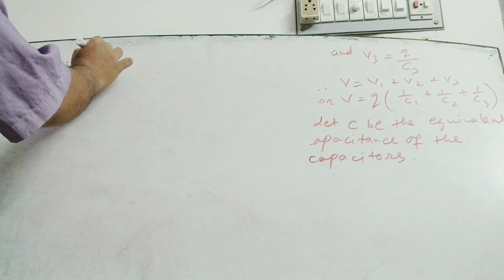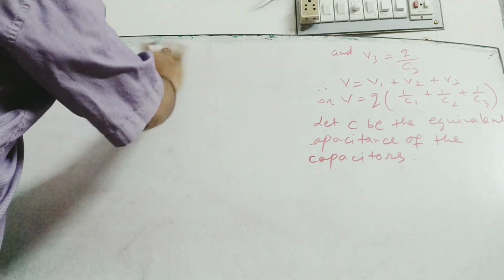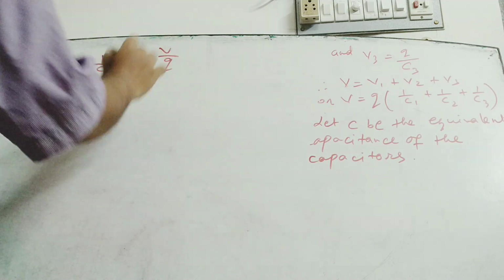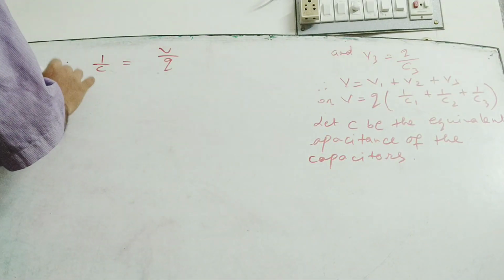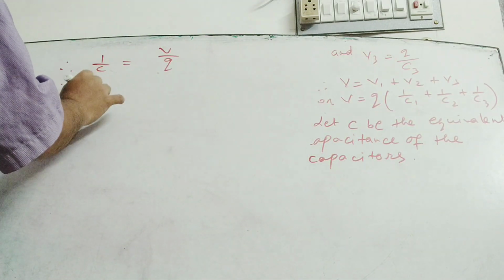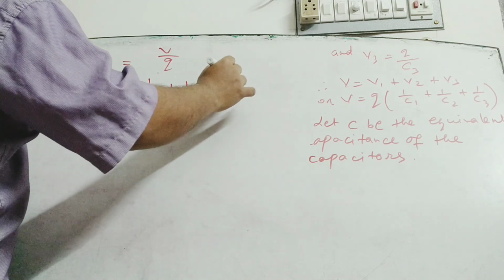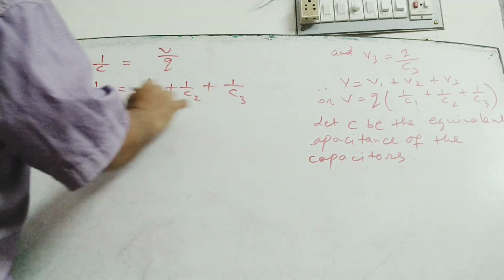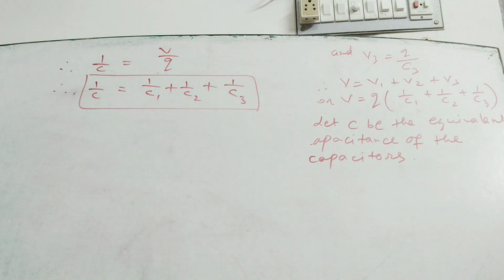Therefore, 1 by C is equal to V by Q. From the previous equation, we can write 1 by C is equal to 1 by C1 plus 1 by C2 plus 1 by C3. This is the expression of equivalent capacitance of the capacitors.